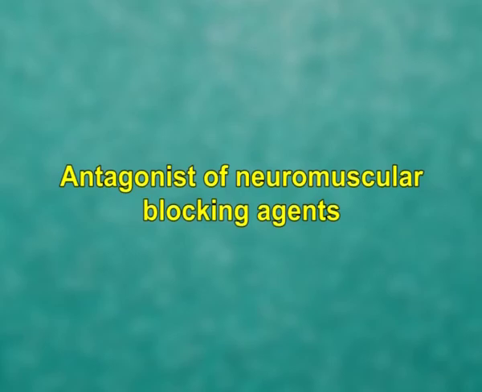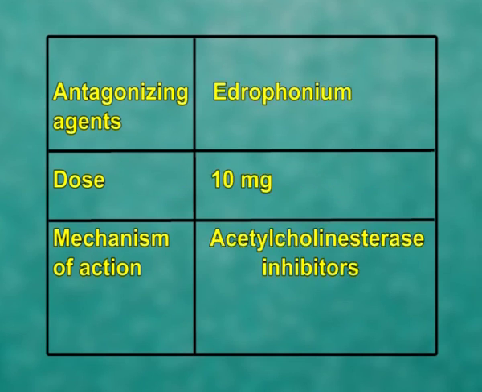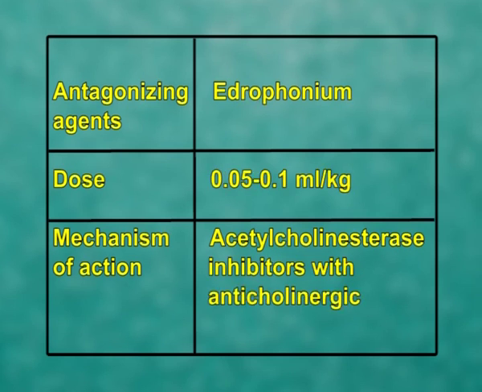So friends, in this table, you can see antagonism of neuromuscular blocking agents. Here, antagonizing agents are described along with the dose and mechanism of action. For example, the first one is edrophonium. In dose of 10 mg, mainly works by inhibiting acetylcholinesterase enzyme. Edrophonium again in dose of 0.05 to 0.1 ml per kg works by inhibiting acetylcholinesterase with anticholinergic action.